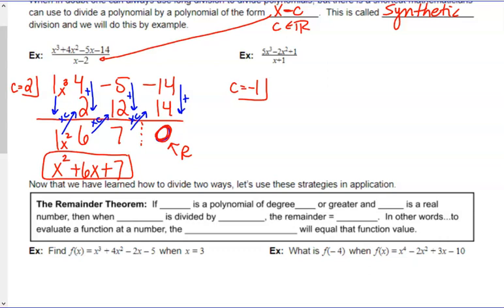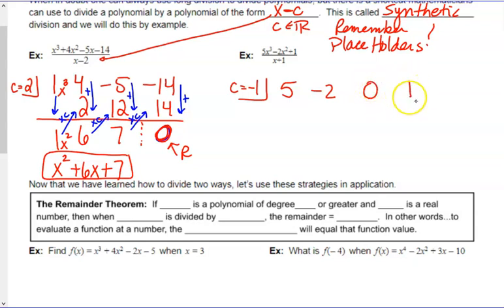I have a power of 2, but I actually have a missing power of 1. So we need a placeholder, so you might want to write on there to remember placeholders. So I'm going to start with a 5, then my power of 2 is -2, then I'm missing the x, and I end with a 1.